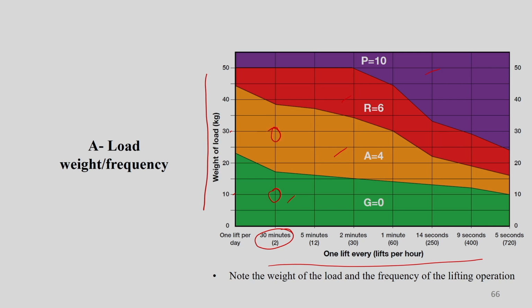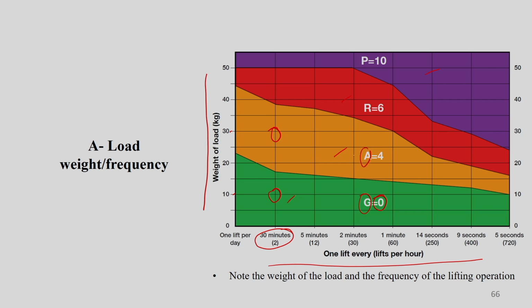Okay, so depending on the availability of risk, you will be marking your risk zone related to load weight and frequency in this particular chart, and accordingly you will get the numerical value. So G is for green, that is the representation of your color, whereas this is Z equal to 0, that is the numerical number.